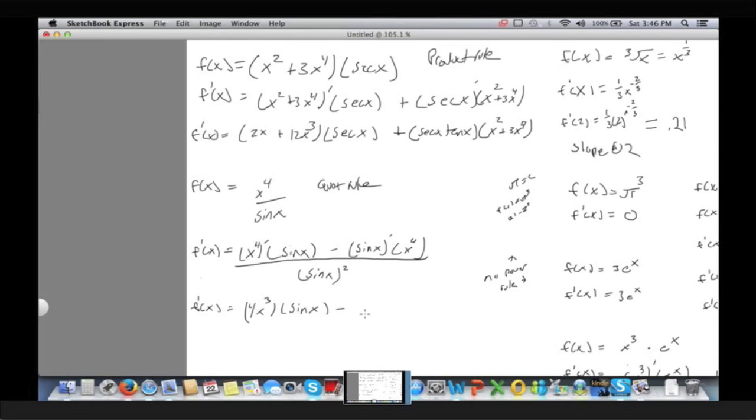The derivative of sine of x is cosine of x. This is x to the fourth.